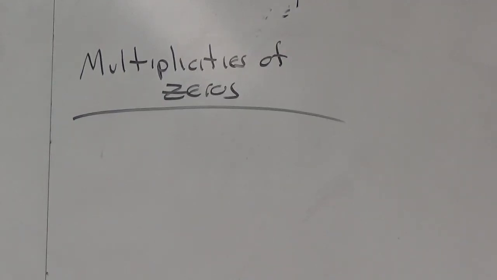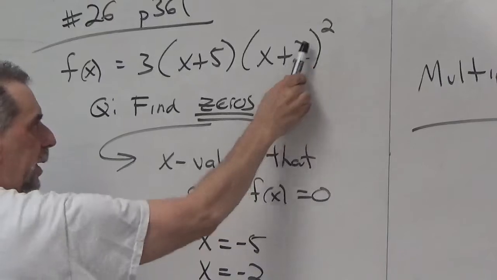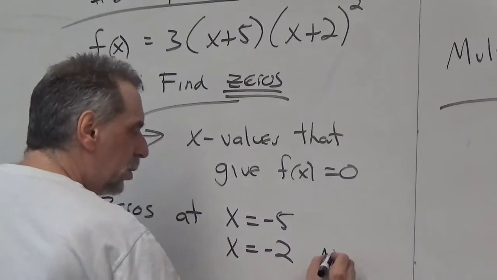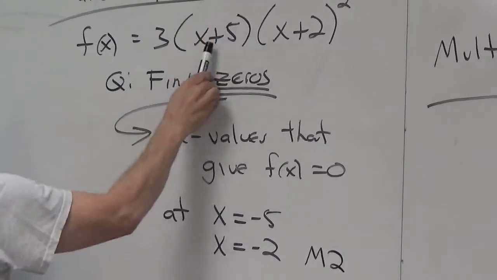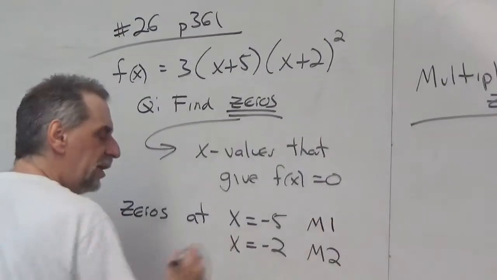That's what the multiplicities will tell us. So here, notice the x plus 2 factor appears twice. So we say the zero of minus 2 has a multiplicity of 2. The x plus 5 factor only appears once. So we say that has a multiplicity of 1.